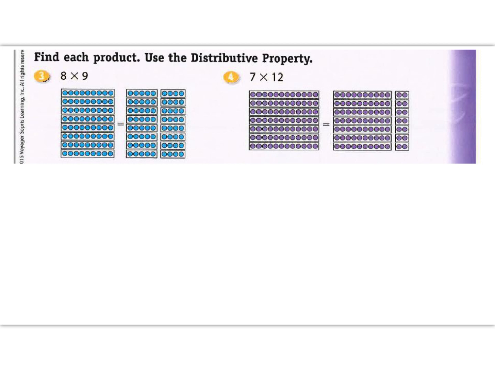Well, 5 plus 4 is 9. So the distributive property would look like this: 8 times, and then 5 plus 4. Remember, 5 plus 4 is 9, so it's the same thing as doing 8 times 9, but now we're using the distributive property.